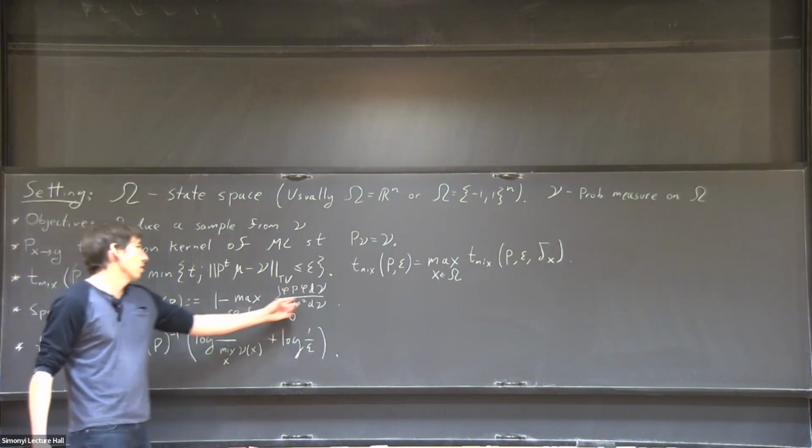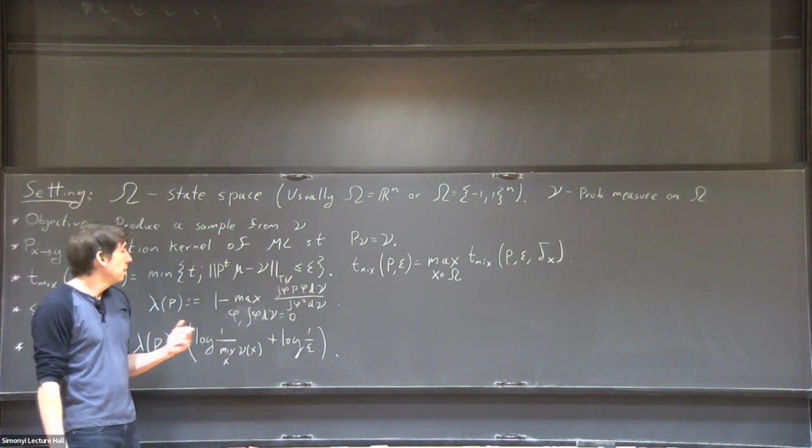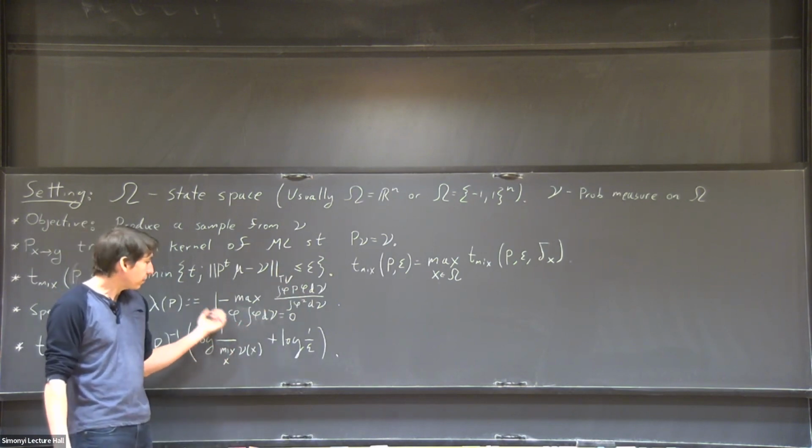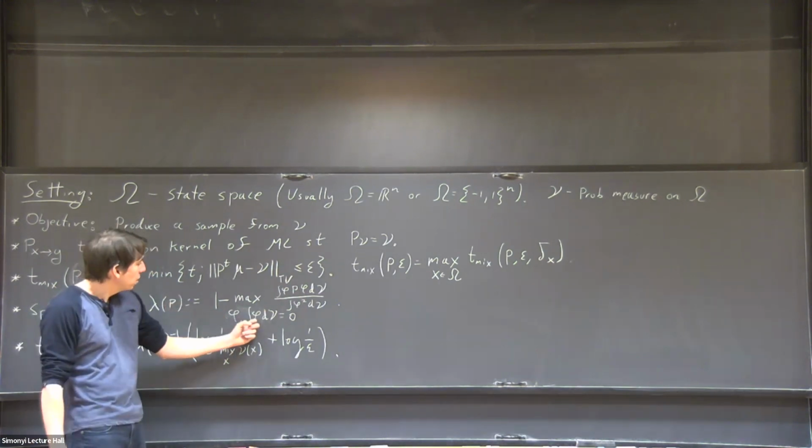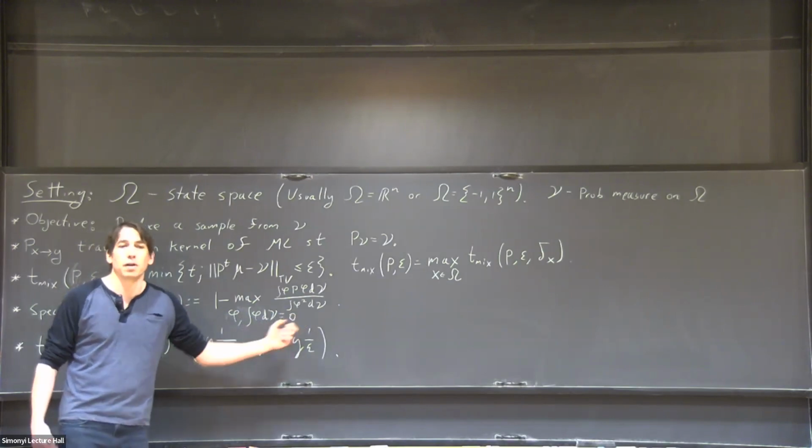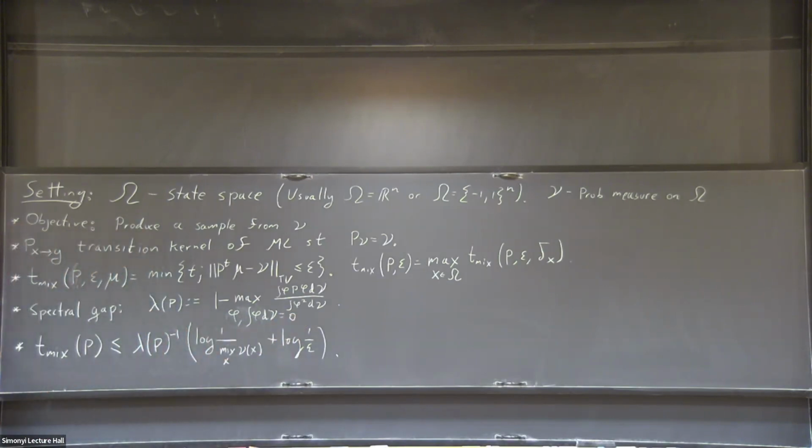So we can diagonalize this and then look at all test functions which are orthogonal to the all one test function, which kind of represents, sorry? Yeah, on omega. Yeah, phi is always going to be a function from omega to R.